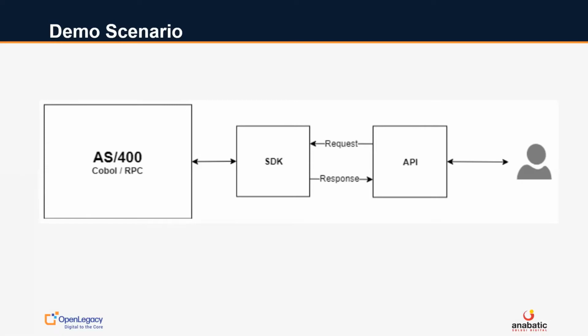And then the response or output from the AS400 application will be translated back to an API response, to be given back to your mobile app, or to another application that requires the data from the execution of the function of the application. All right.